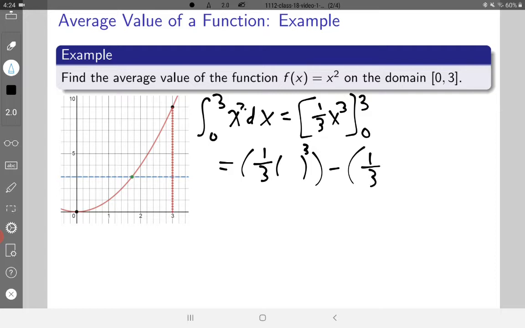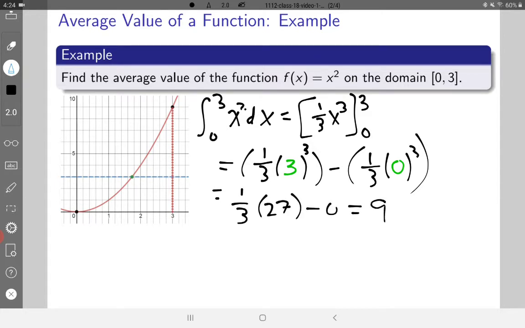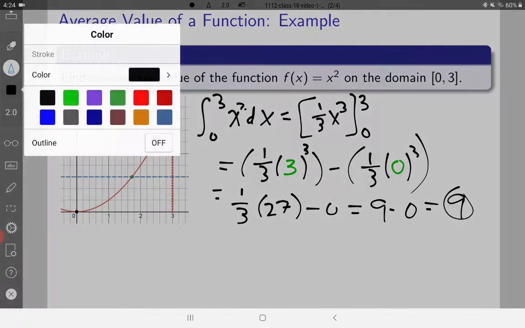I'm going to plug in the lower and upper limits of 0 and 3. And I can see that I get 1/3 of 3 cubed, which is 27, minus 0. So I get a nice 9 after all that. That's the area under the curve.